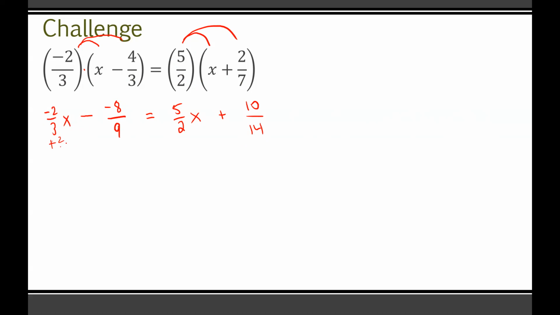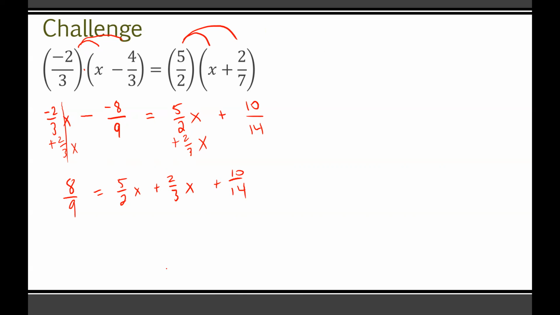Let's add 2/3 x to both sides. That's going to give me minus negative 8 over 9. Let's not mess around here. When you're minusing a negative, that can just become positive 8 over 9 equals 5 over 2x plus 2 over 3x plus 10 over 14.